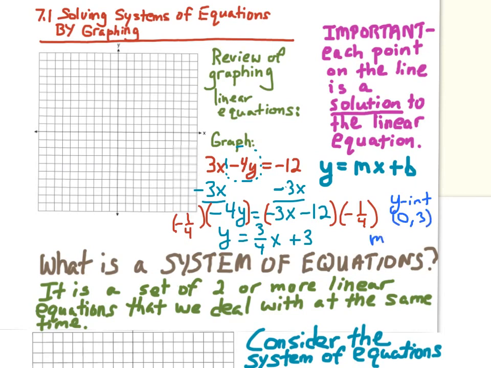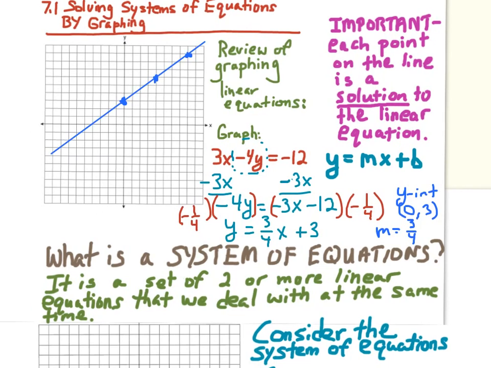And my slope is 3/4, my rise over run, my vertical change to horizontal change ratio. So from (0, 3), I'm going to go up 3 and over 4. I'm going to do that more than once, so I go up 3 and over 4 again. Then I put a line through that, and put arrows on the ends.